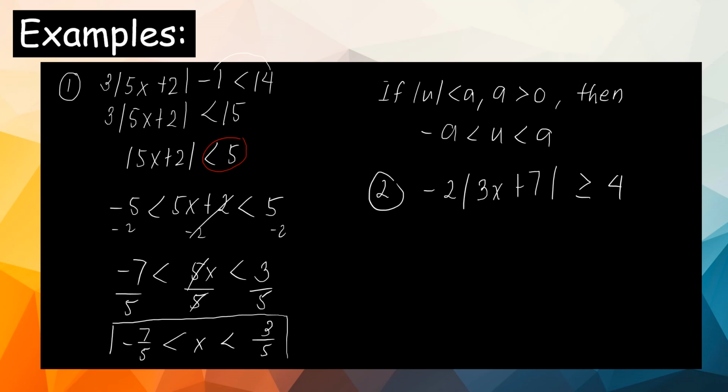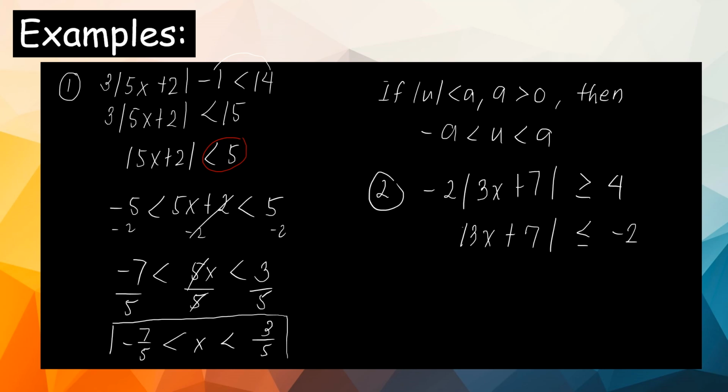So let's divide both sides by negative 2. So this side here will only have 3x plus 7, and that's what we want. And of course, 4 divided by negative 2, that is negative 2. So remember that when we divide by a negative number, you need to reverse your inequality. So you should have less than or equal to negative 2.